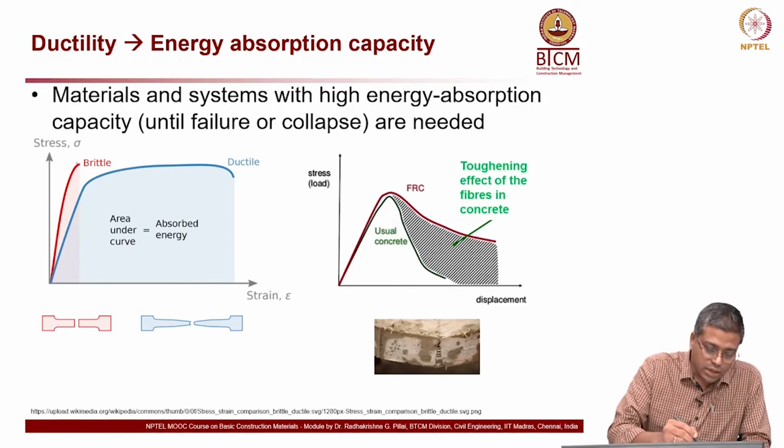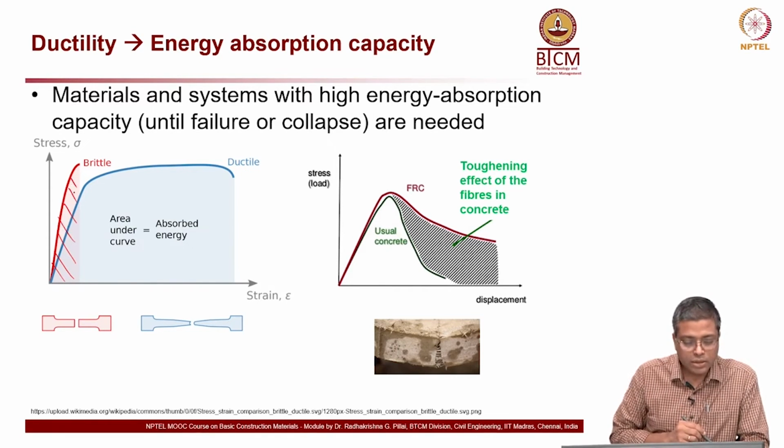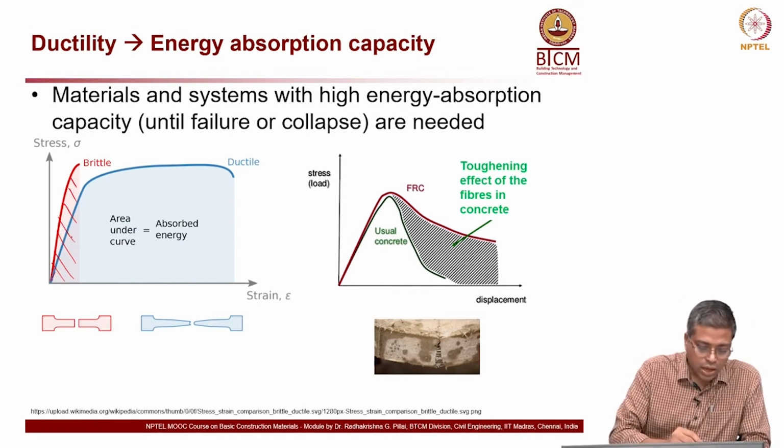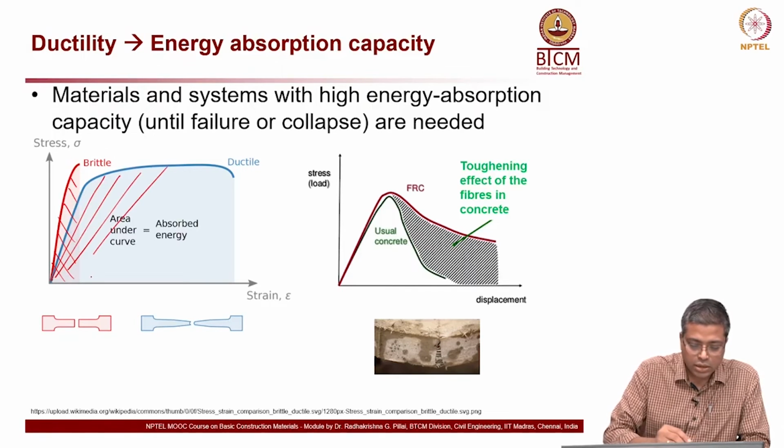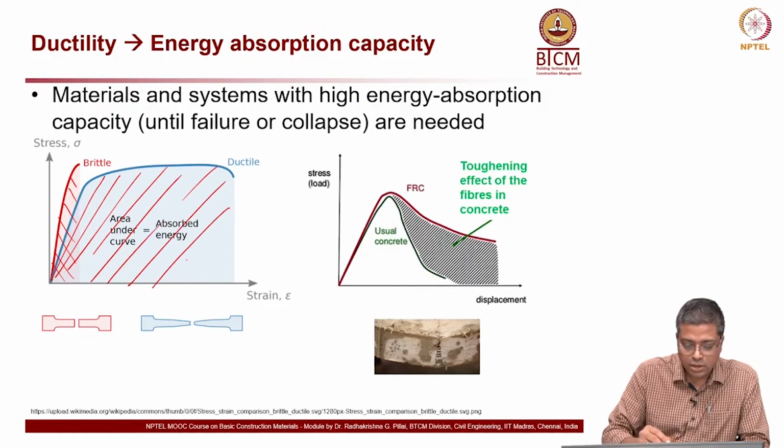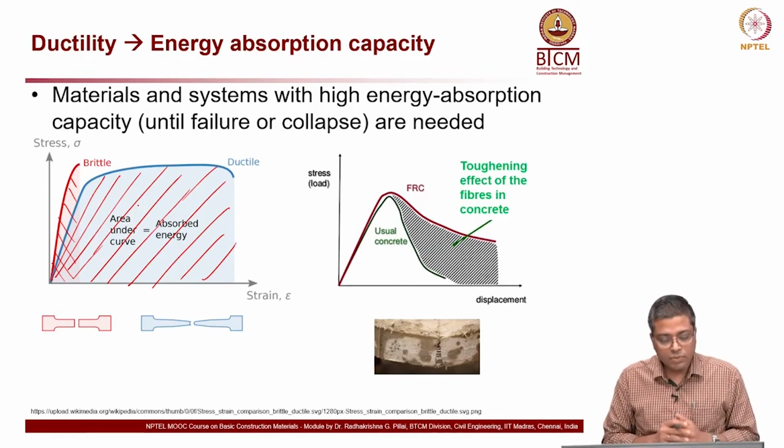So, here on the left side, the red curve is the brittle one, and you can see this is the area under the brittle curve, and you have a larger area under the ductile curve. Definitely the one under the ductile curve is much more.